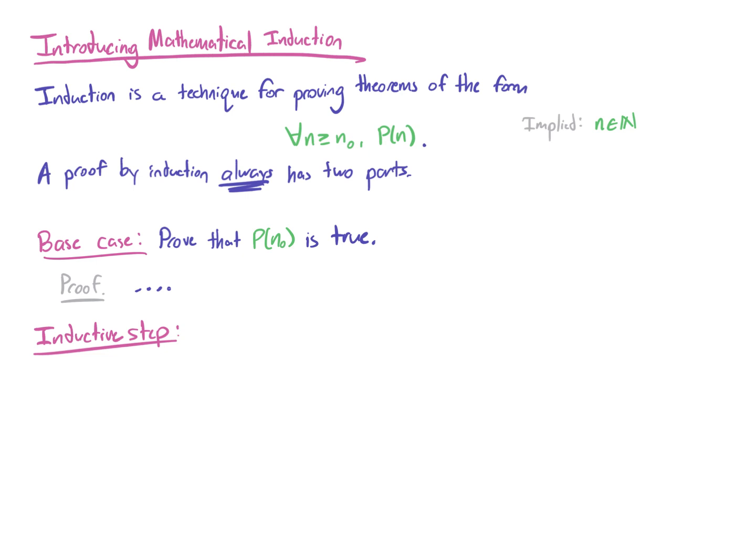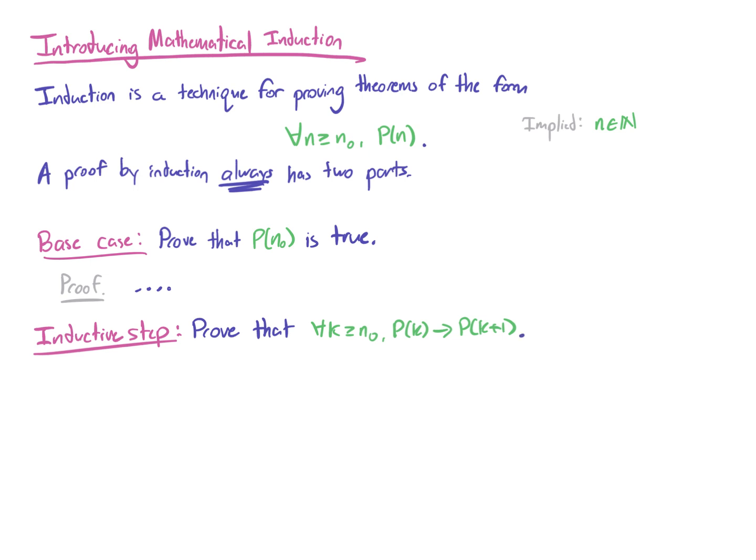In the inductive step, what I do is I prove that for all possible choices of k greater than or equal to n naught, I need to prove an implication: P of k implies P of k plus 1.